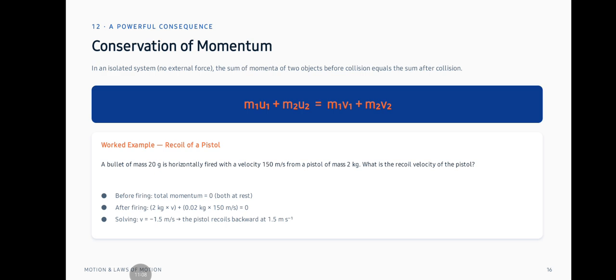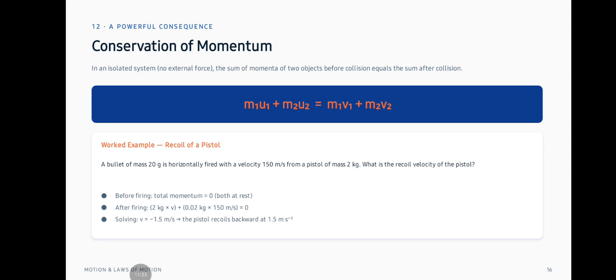Next is conservation of momentum. In an isolated system with no external force, the sum of momenta of two objects before colliding equals the sum after collision. m1u1 plus m2u2 equals m1v1 plus m2v2. Worked example, that is recoil of a pistol.